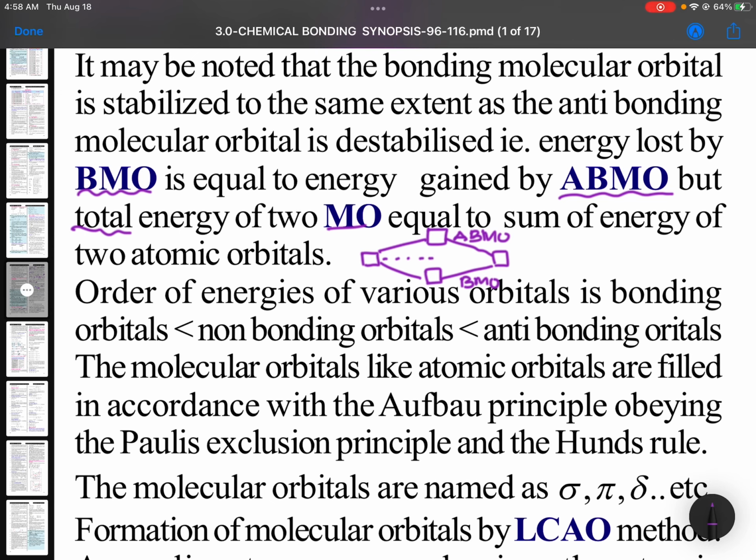If you see this, it is increased energy, this is decreased energy, that will be the same, and the average is equal to the regular atomic orbitals. The order of energy of various orbitals is bonding orbitals, non-bonding orbitals, and anti-bonding orbitals. Anti-bonding molecular orbitals have more energy, bonding molecular orbitals have least energy, atomic orbitals have intermediate energy.